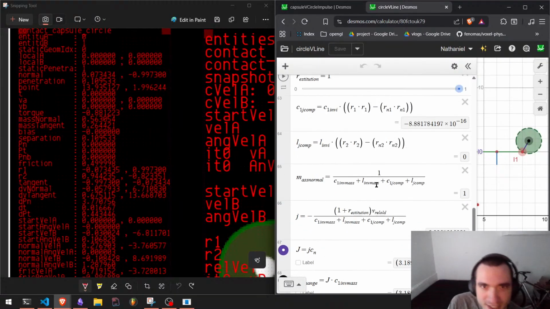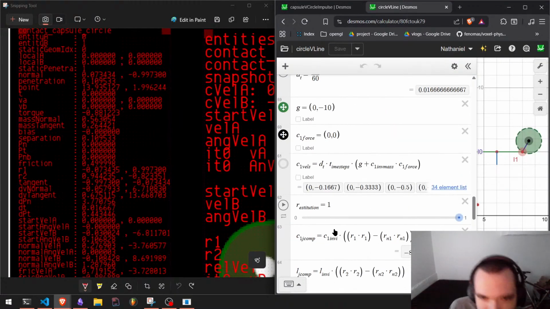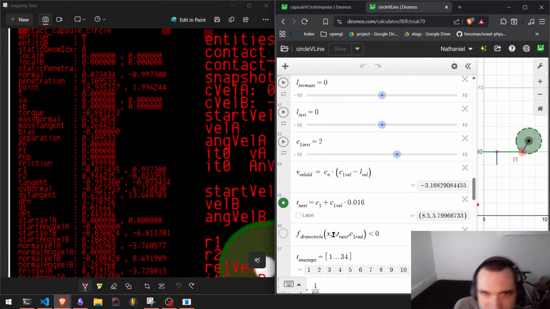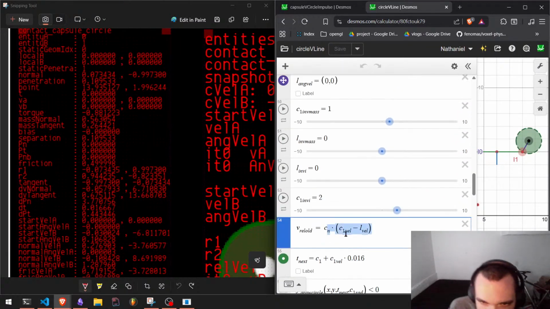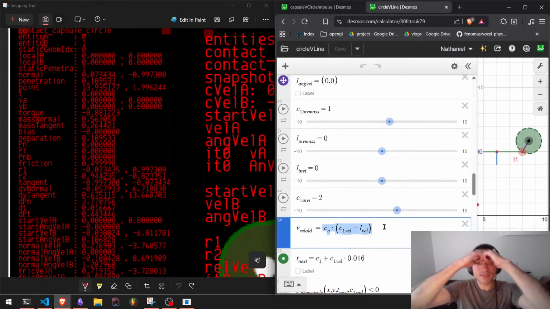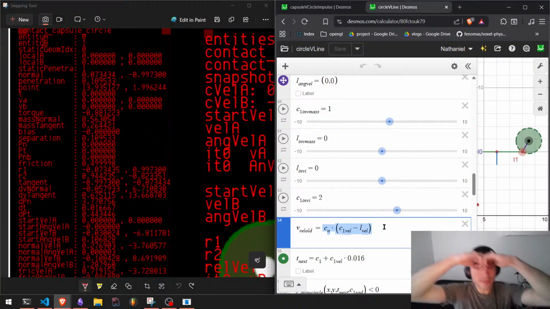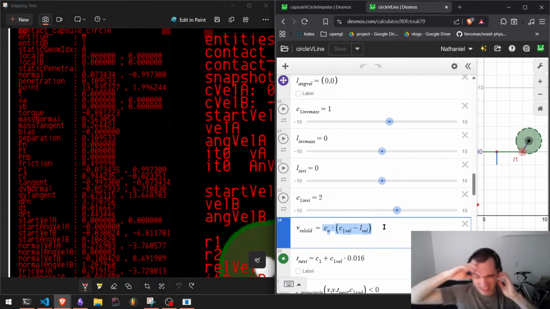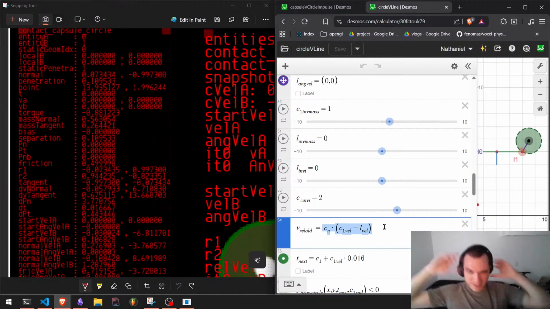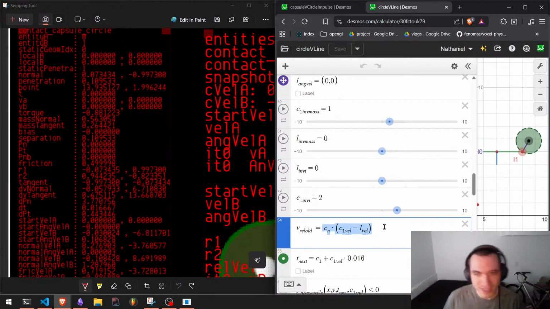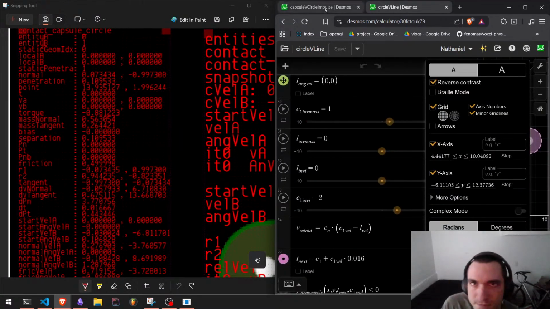Where do I define the old relative velocity? It's the velocity of the circle minus the velocity of the line. Okay, yeah, I just call it old because we're going to calculate a new one after we apply the impulses. That's fine. Just make this dark too. There we go. Much better.